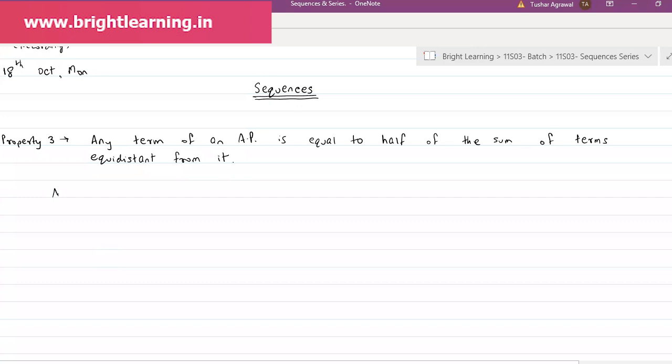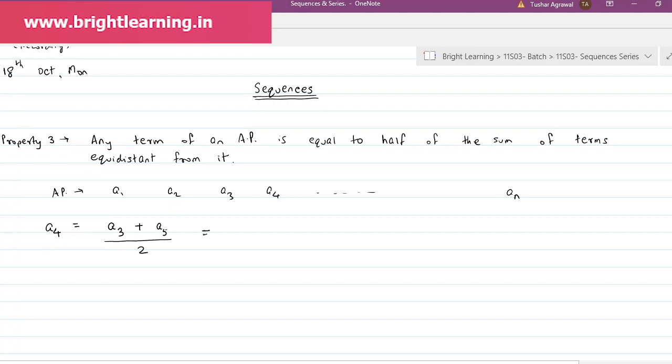So let's say my AP is A1, A2, A3, A4, and so on up to AN. A4, I can write as the equidistant terms: one term prior, that is A3, and one term later, that is A5, their addition upon 2.